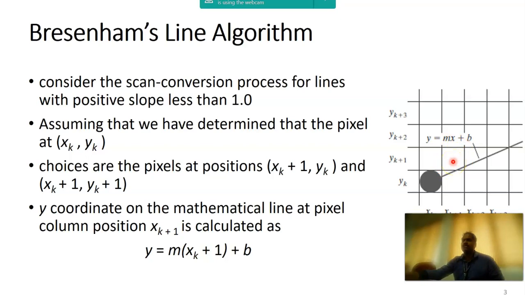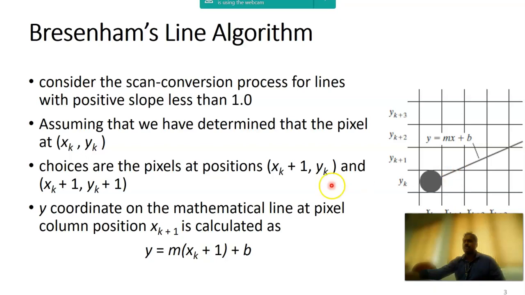Using Bresenham's line algorithm, consider the scan conversion process for lines with a positive slope less than 1. Assume that we have determined the pixel at xk, so we are currently at xk, yk. The choices are the pixel at position xk plus 1, yk, and xk plus 1, yk plus 1.